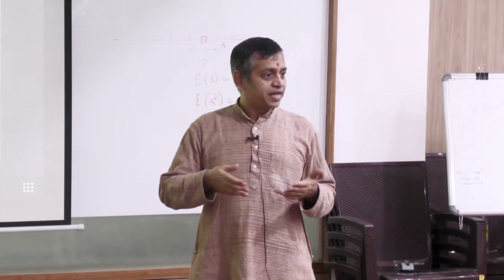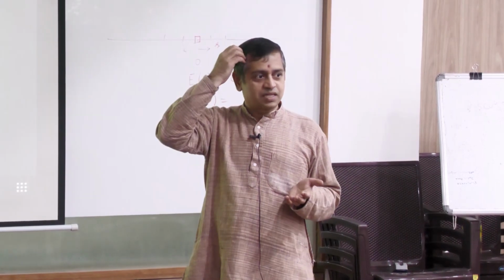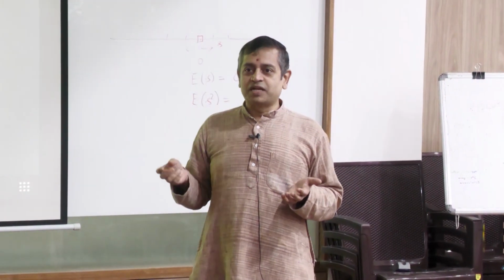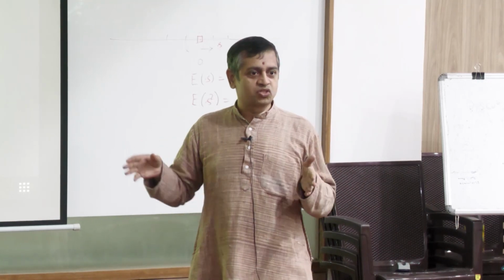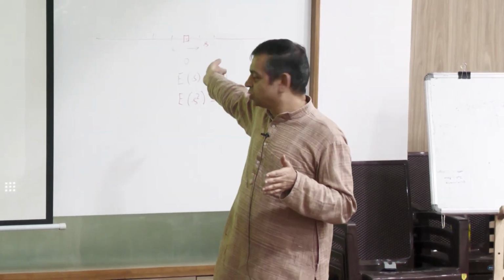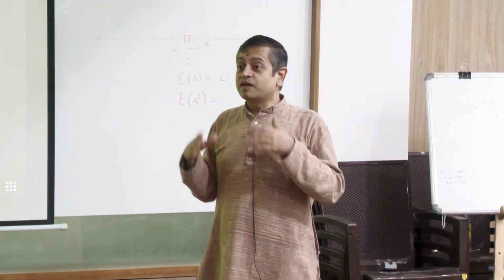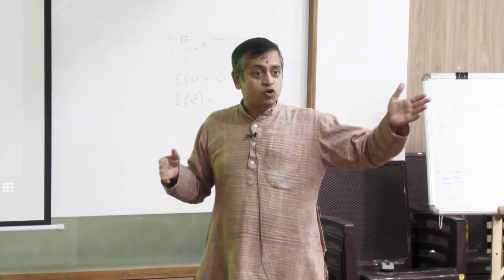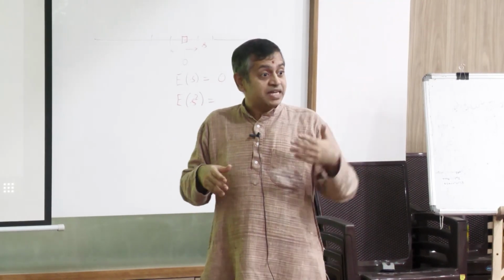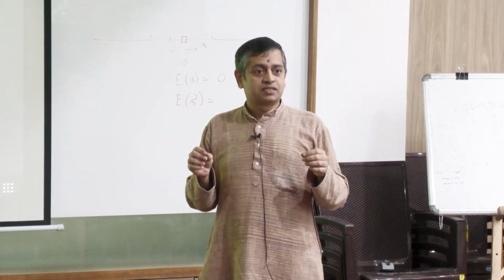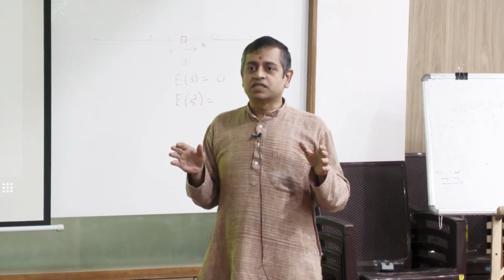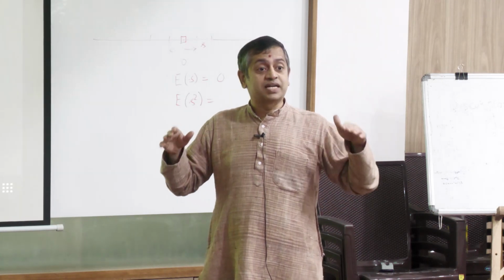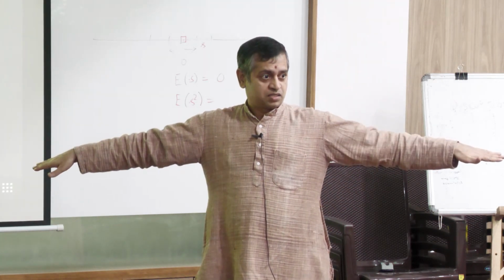S squared. So if you take 10 steps, there is a possibility, very small, of all of them coming up heads, so that you end up 10 points to the right, or all of them coming up tails, which again has very low probability. But it is definite, it is non-zero, it is finite, it is very, very small. If you go to larger and larger numbers, that gets smaller and smaller.